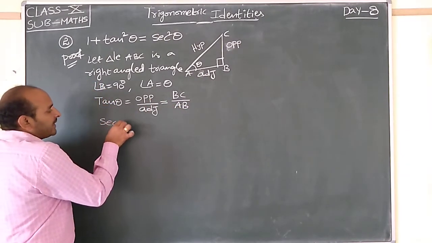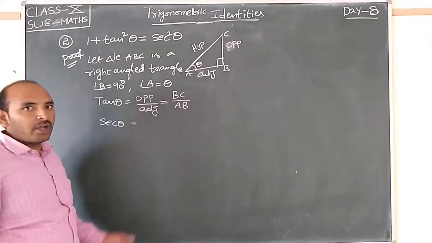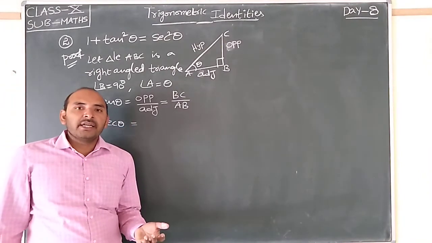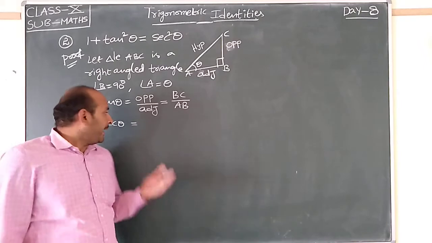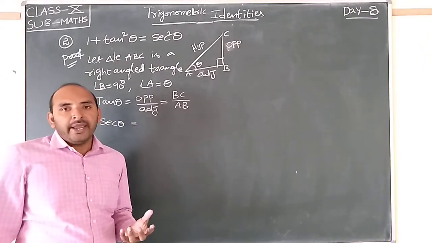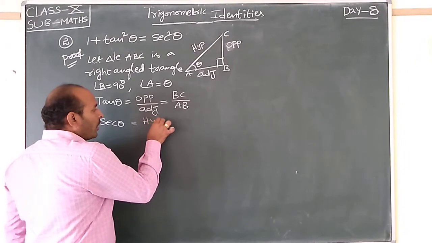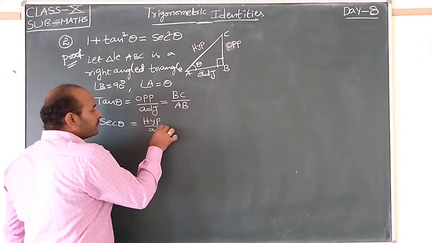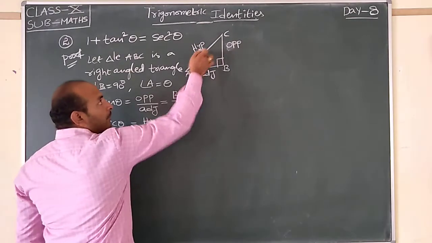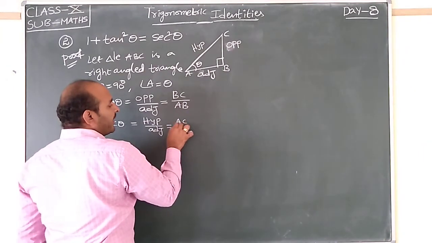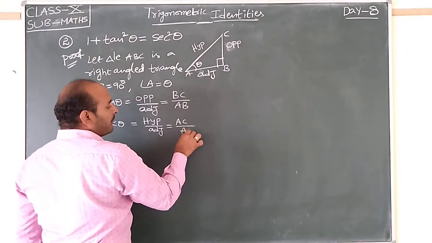So what is secant theta? Cos theta formula is adjacent side divided by hypotenuse. So secant theta value is hypotenuse divided by adjacent side, which is equal to hypotenuse AC divided by adjacent side AB.